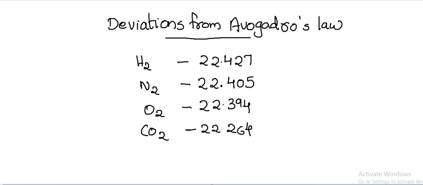The next is deviations from Avogadro's law. We know that the volume occupied by 1 mole of an ideal gas at STP is calculated as 22.414 liters.